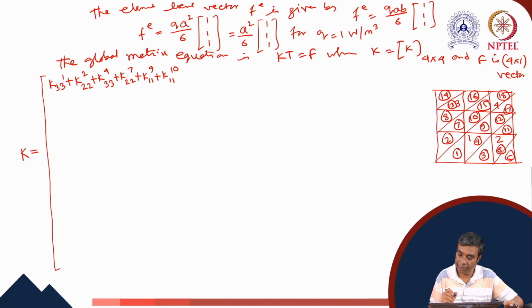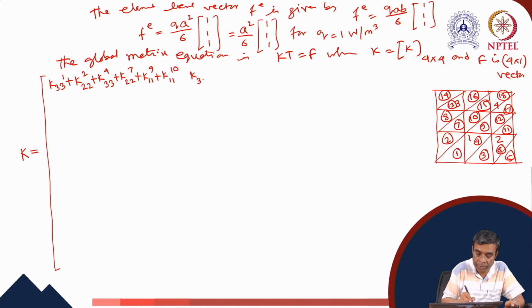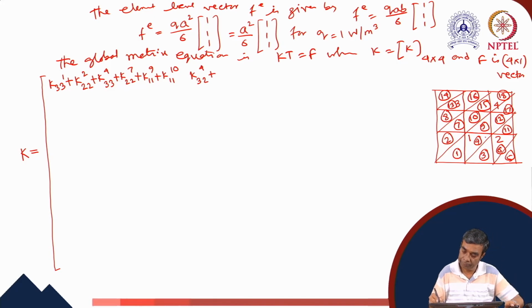Next we have K12 term. Here we have contribution from elements 4 and 9. So K12 equals K324 plus K129.